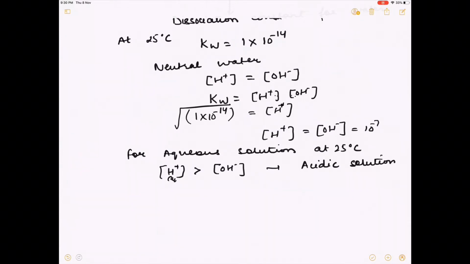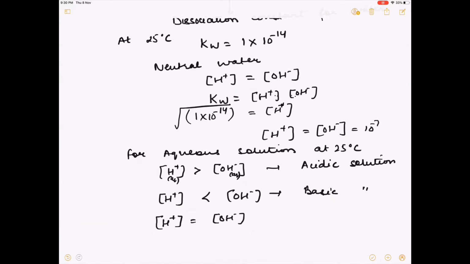Remember, these are aqueous solutions because an acid is acidic only in aqueous solution, or a base is basic only in aqueous solution. Similarly, if OH ion is more, the solution is basic. It's a basic solution. If both are equal, it's a neutral solution, right?